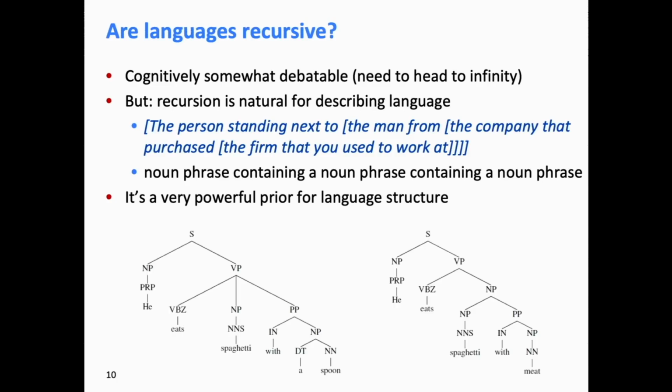So this kind of structuring of language, where you get this hierarchical structuring with the same kind of things inside them, I think that's totally correct. The claim then that our language is recursive, in a formal sense, it's not quite clear. To say something is recursive, it has to repeat out to infinity, right?